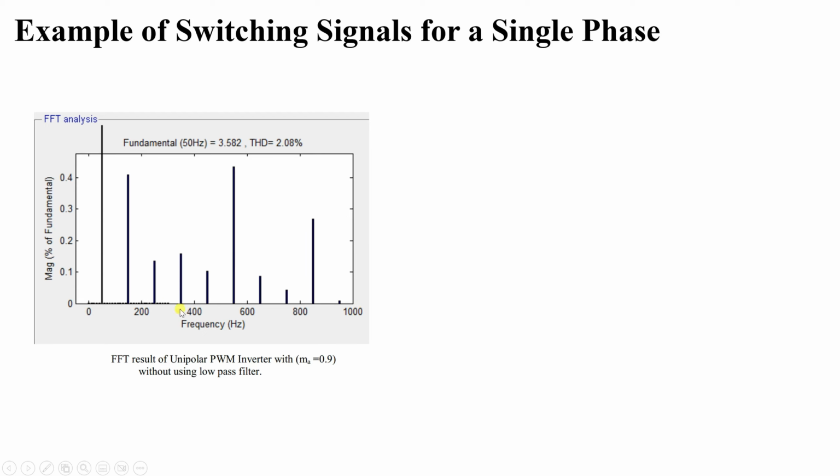So what we can do is eliminate the high frequency components. How can we even do this? By using a low pass filter. So this is the result, 2% total harmonic distortion, without any kind of filter.